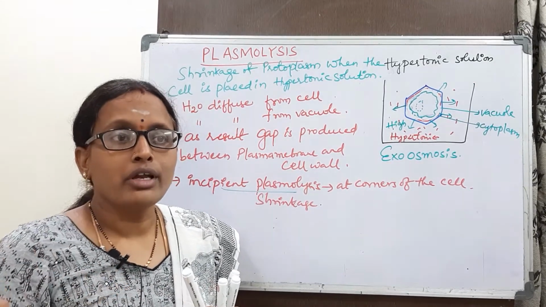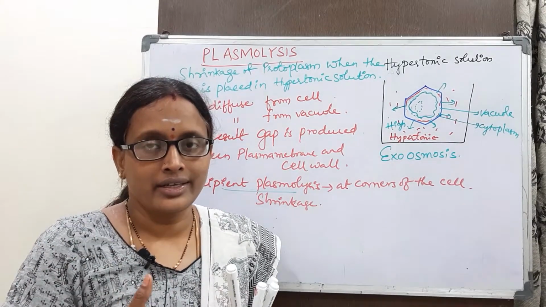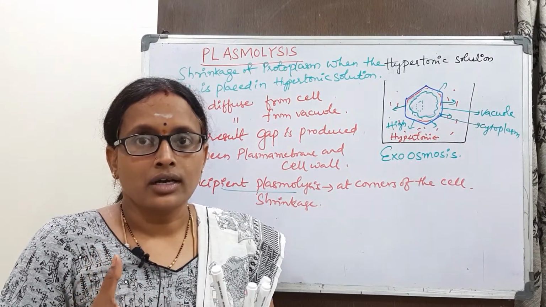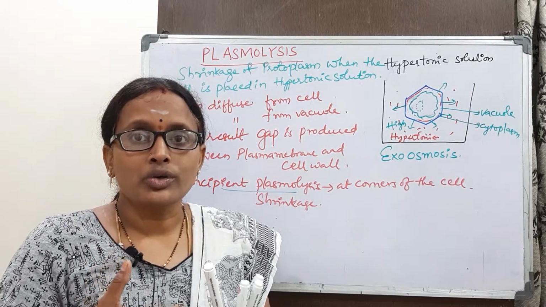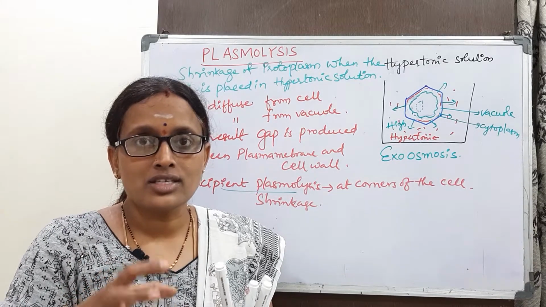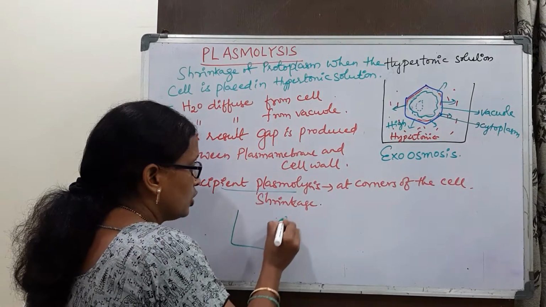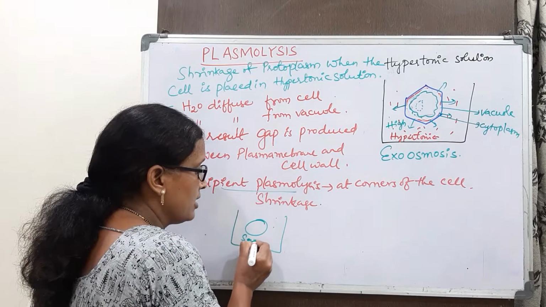When we want to preserve pickles, what do we do? We add more ingredients. We add salt. Sometimes if we want to dry anything and keep it for more time, we add excess salt to it.